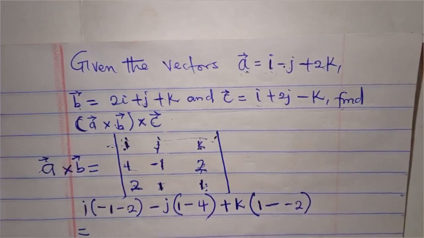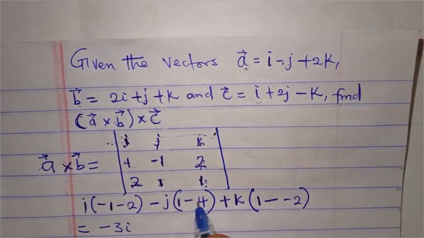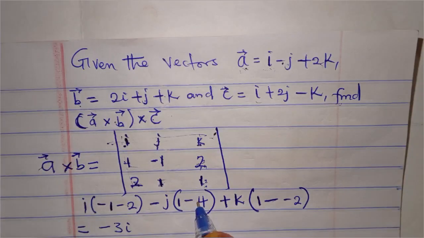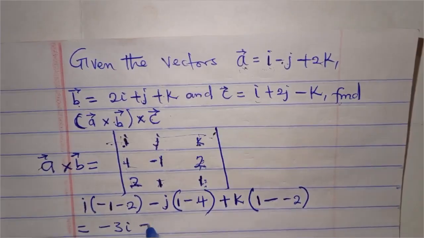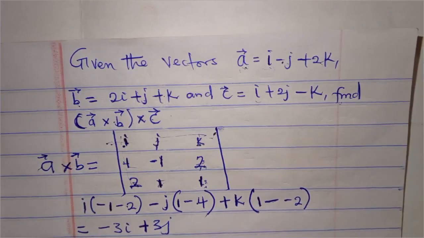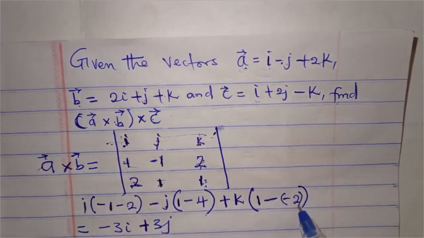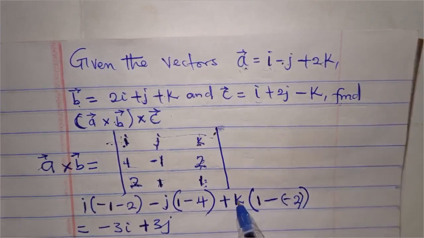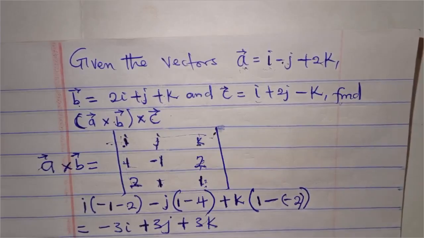Minus 1 minus 2 is minus 3, so we have minus 3i. 1 minus 4 is minus 3, and minus 3 times minus j is plus 3j. 1 plus 2 is 3, and 3 times k is 3k. So this is the cross product of A and B.